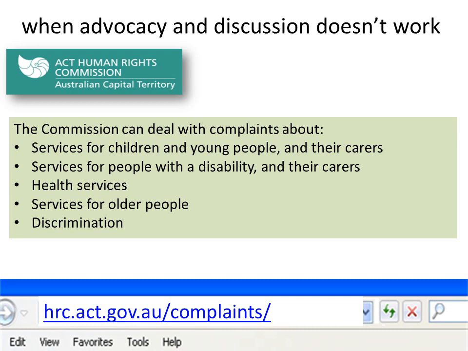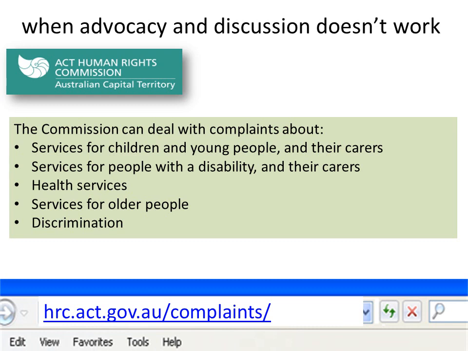The first is the ACT, so a local state one for government. That's their website, hrcact.gov.au complaints. But remember, these URLs change around a bit, so that should be good for a while yet. I checked it earlier today.